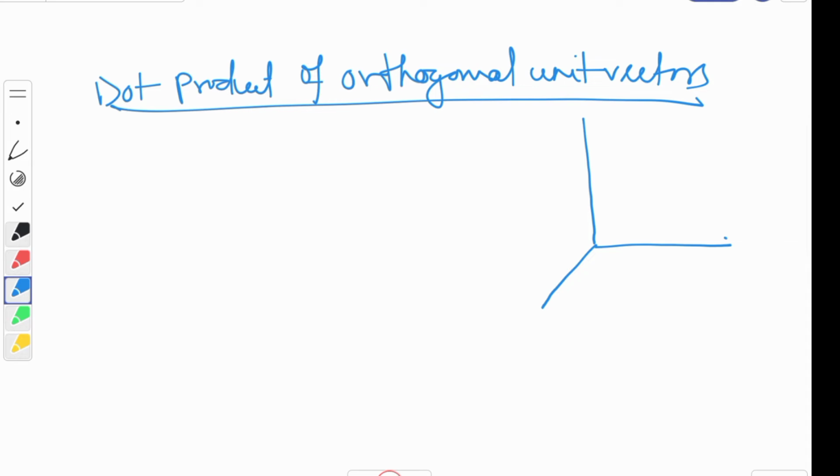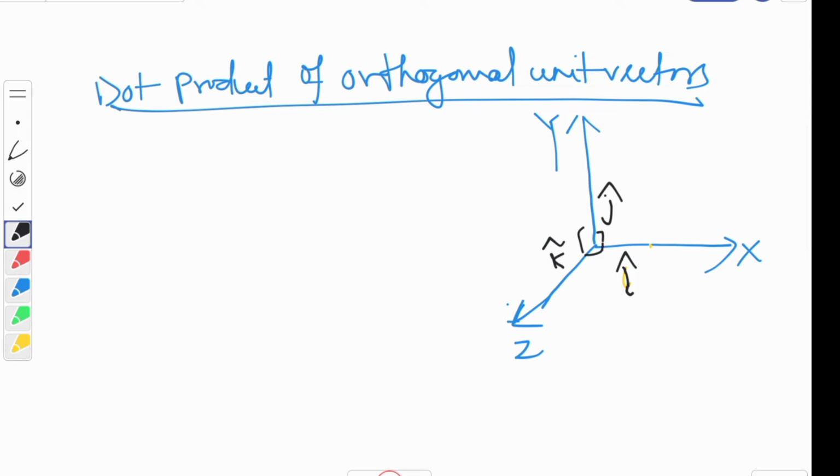We'll take three axes, x, y and z. The unit vector in the x direction will be i cap, the unit vector in the y direction is j cap, and here it is k cap along the z direction. We have also discussed this. Orthogonal means all the vectors are perpendicular to each other.